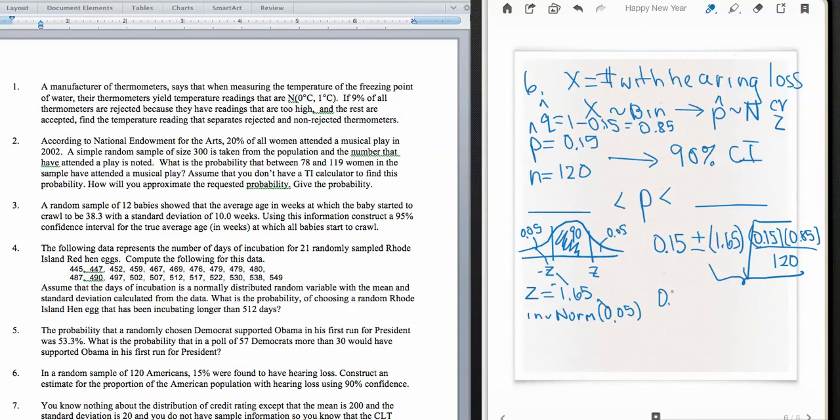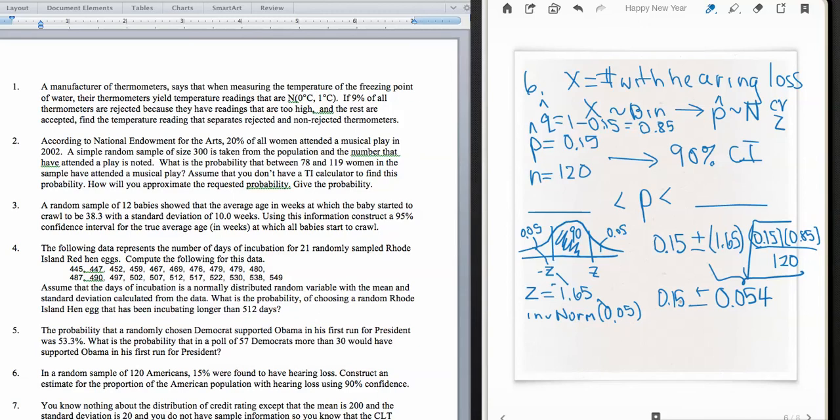So we're going to have 0.15 and then plus or minus, and I'm going to do what's under the radical first. So I'm going to do the square root of 0.15 times 0.85 divided by 120, and then I'll multiply that value, which is approximately 0.032, times 1.65, and I'm going to round this value to 3 decimals, so 0.054.